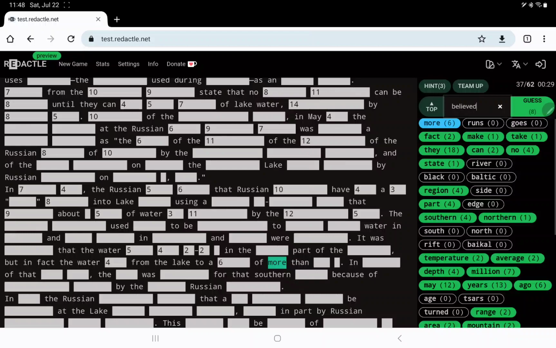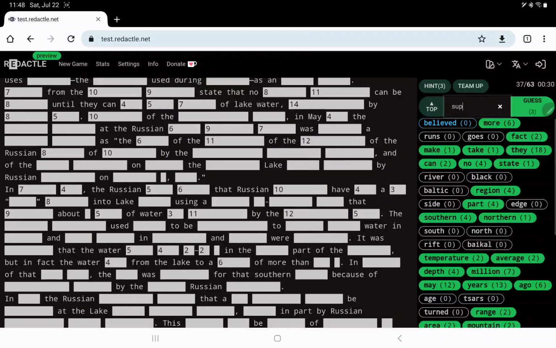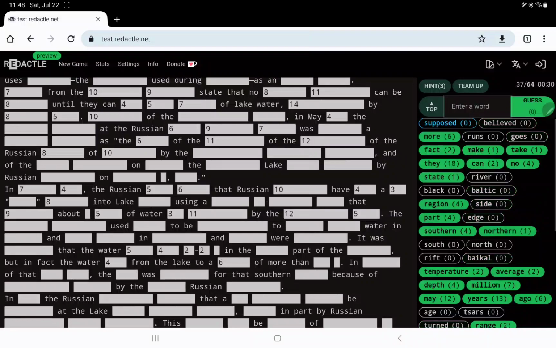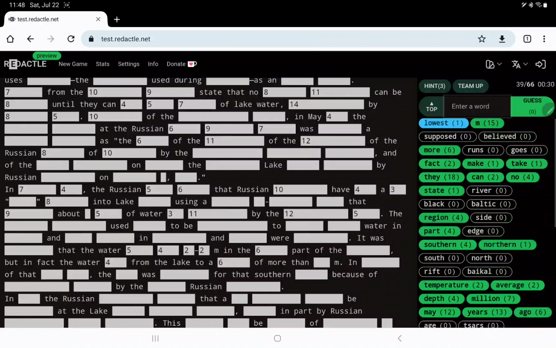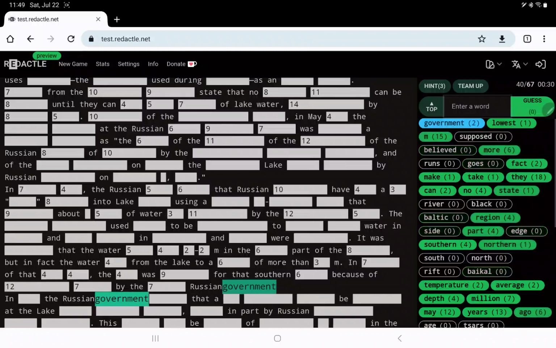It was believed, no, it was supposed, no, it was something that the water blank blank so many meters in the lowest, no, in the something part of the blank, but in fact something from the lake to a something of more than so many 100 meters in blank of that something something, for that southern 6 because of the something Russian government.